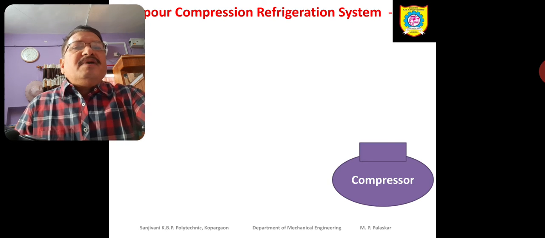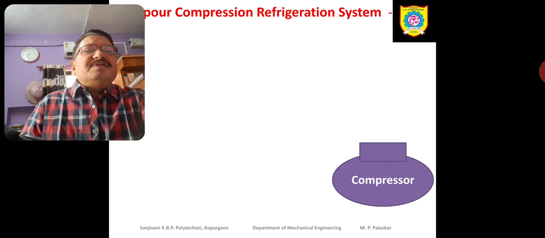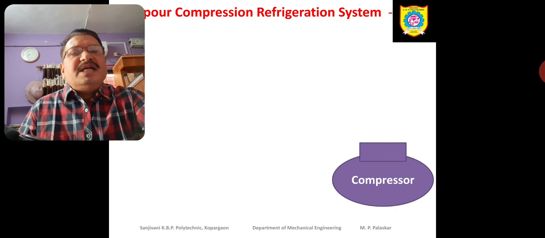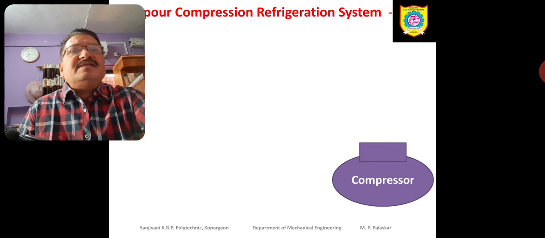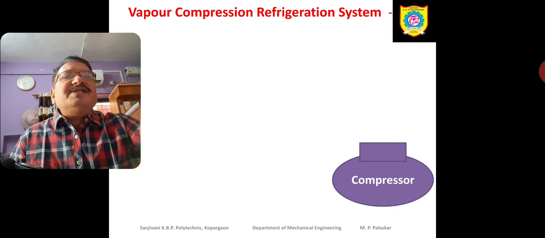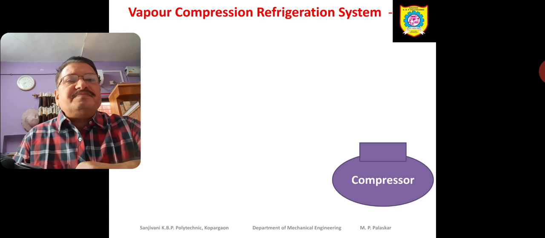The important components which are used in vapor compression refrigeration system include compressor. Compressor is one of the most important devices which is used in vapor compression refrigeration system.